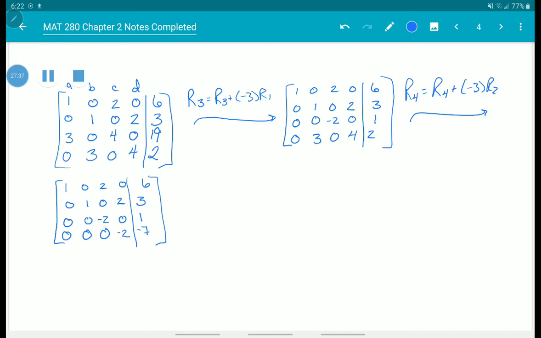So I want this to be a 1 here, and I also want this to be a 1 here, but I need to get rid of this, and I need to get rid of this. So I could do it with fractions, or there's lots of things you could do here. Here's what I see. I see I could go ahead and knock this guy out by using that 4th row. I also see I could knock this guy out by using that 3rd row.